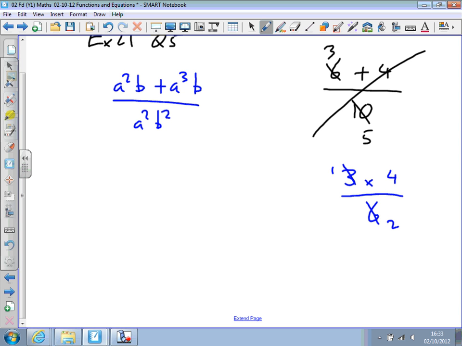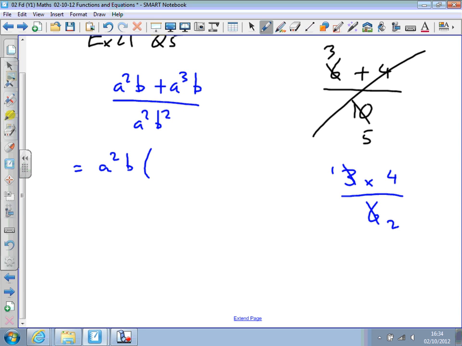So what I do is, I factorise the top. Factorise, if you remember, means take common elements outside the bracket. What's common to both of those terms on the top? Anything else? Right. More than one a? a squared. I can take a squared b outside a bracket.